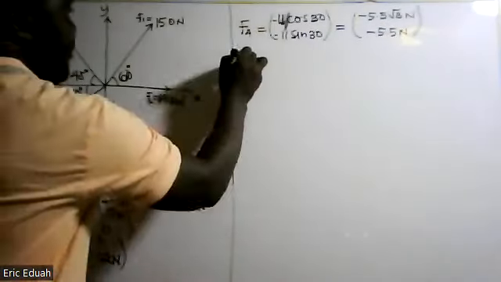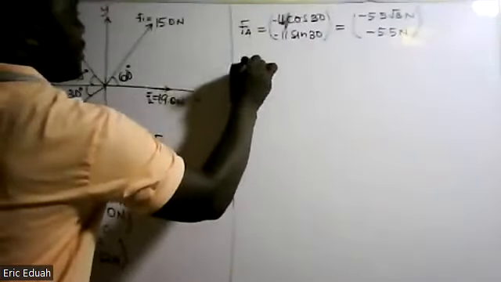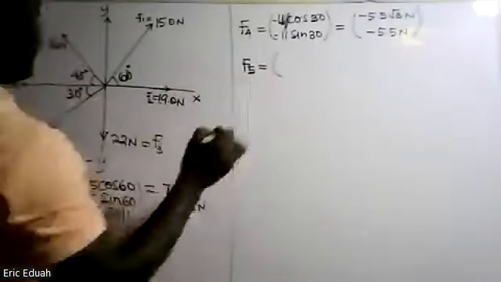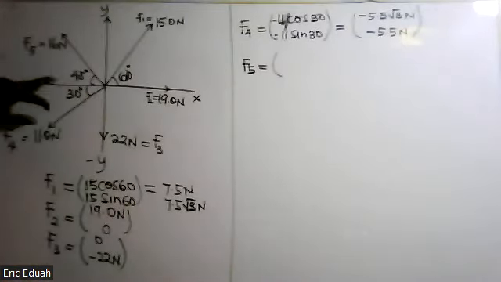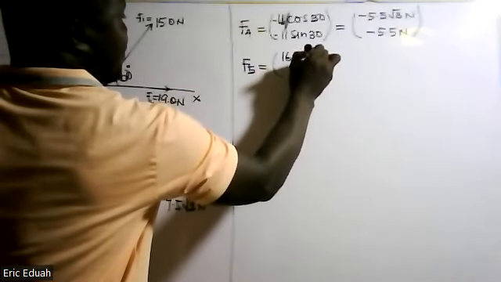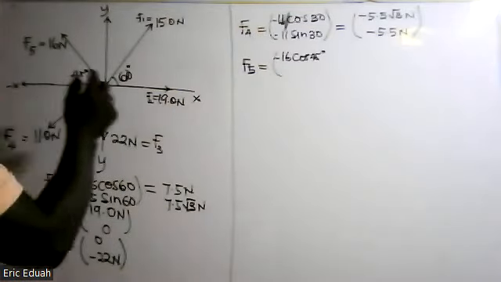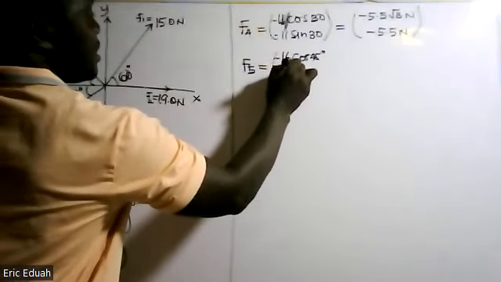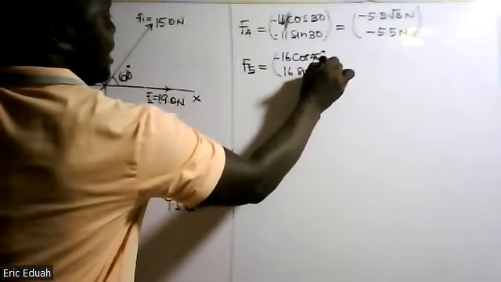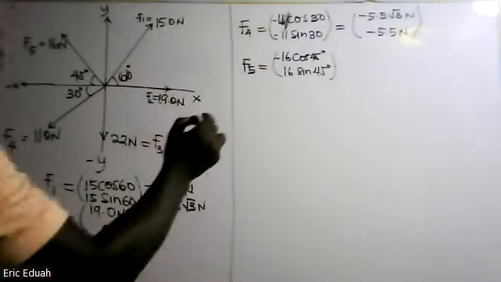Then lastly, F5, 16 at 45 degrees to the x-axis. So 16 cos 45 degrees, which is negative, and then 16 sine 45 degrees, which will be positive.